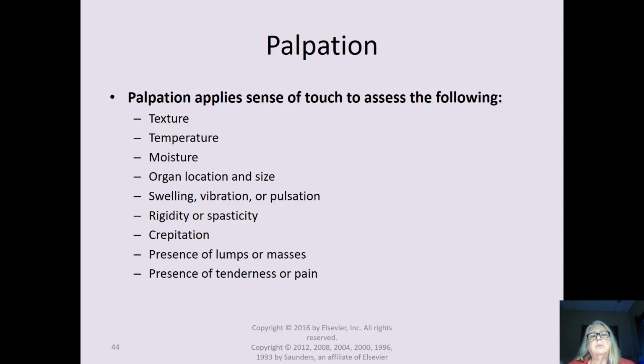You can do a light palpation or a deep palpation depending on the level of assessment that you're doing. You will always be looking for lumps and bumps, and you're going to be asking the patient, anytime you do a palpation, let me know if you feel any sense of tenderness or pain as I press on you here.